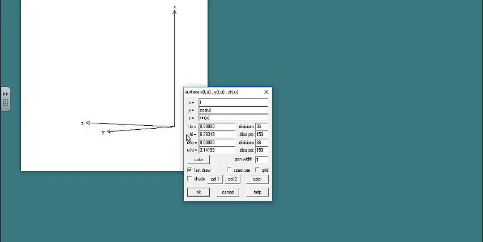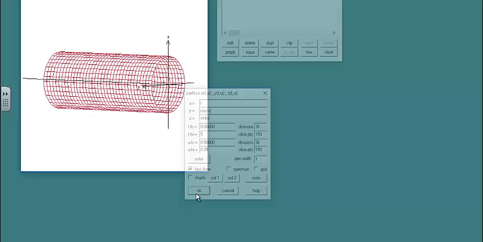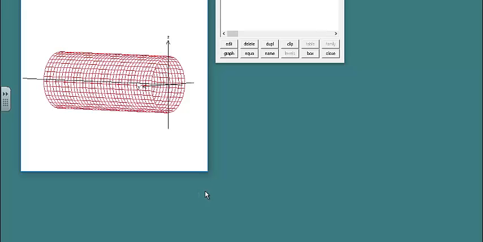T goes from just 2 values, it doesn't really matter, I'll say 5, and u goes to 2 pi, 6.28 something. Oh, that's not what I expected. I must have done something wrong.